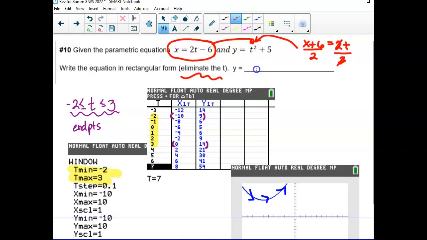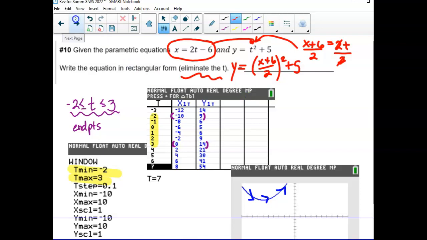Then you plug it in here so that it becomes y equals (x plus 6) over 2, squared, plus 5. Do not try to simplify on the quiz because you might make an algebraic mistake. I'd rather you just left it. Does that make sense, guys? If it doesn't have the t anymore, golden. And the one on the quiz actually might be easier than that.